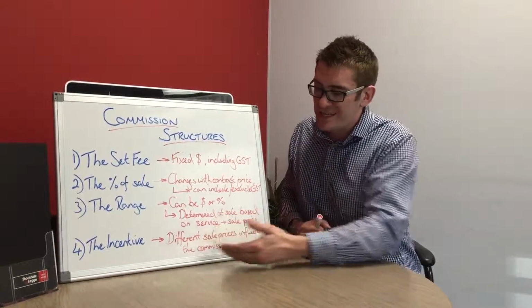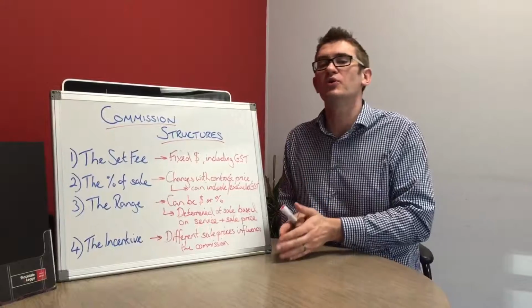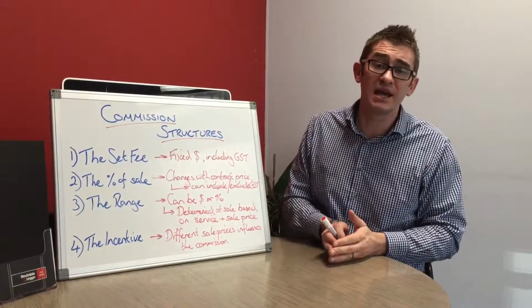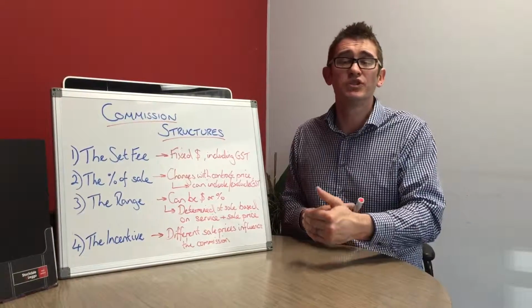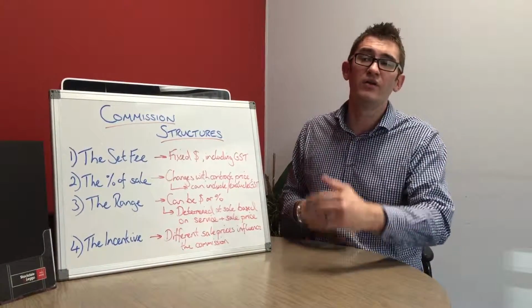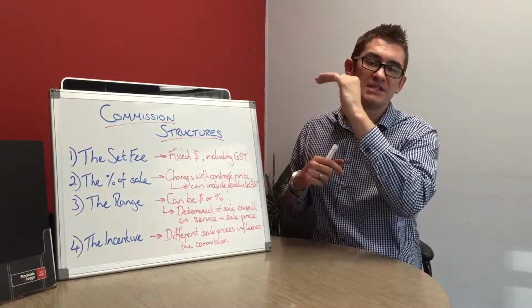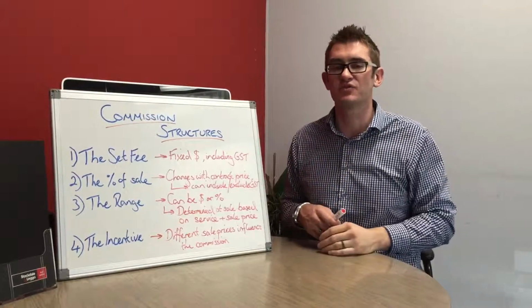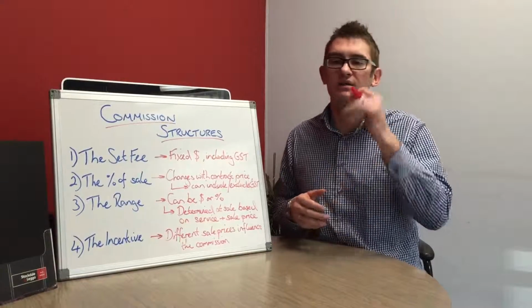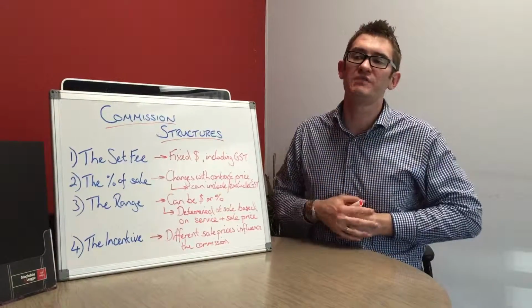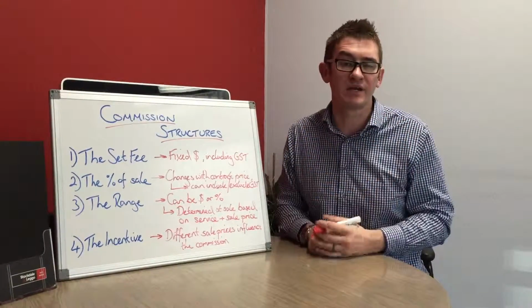So the incentive structure is purely based on the sale price again. However, the actual level of commission will change depending on where the sale price sits within that incentive structure. So, hypothetically speaking, say we're trying to achieve a sale price of around, say, 420,000.